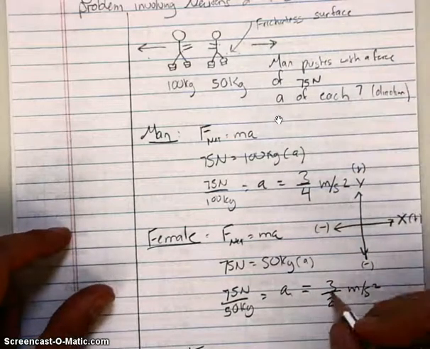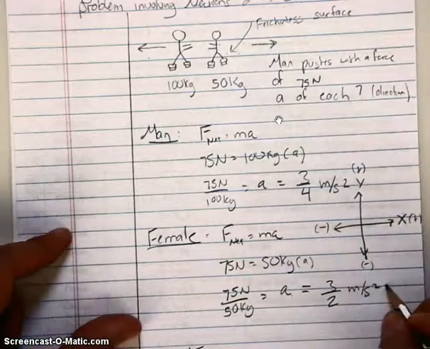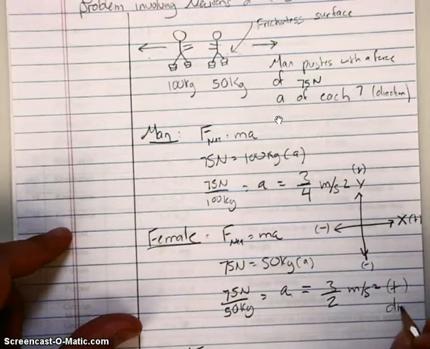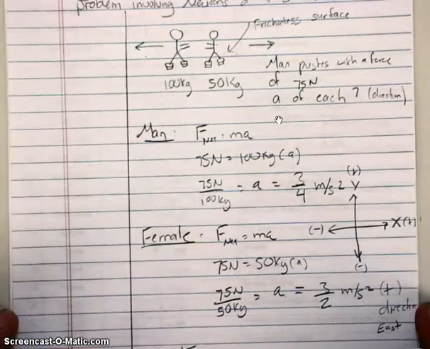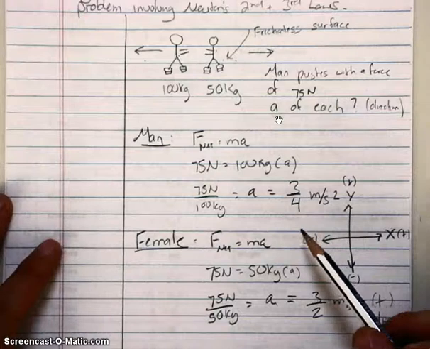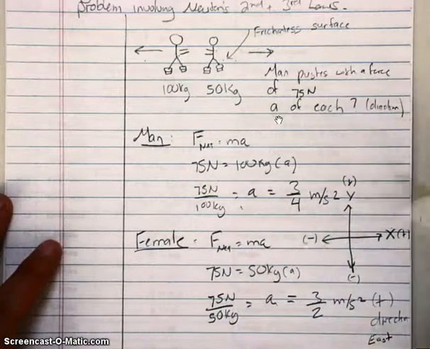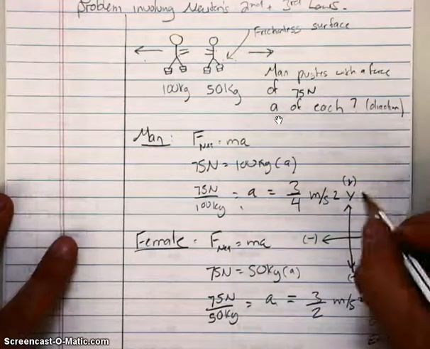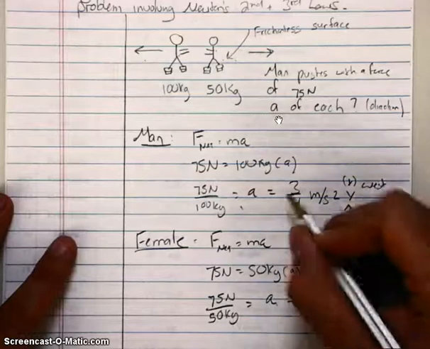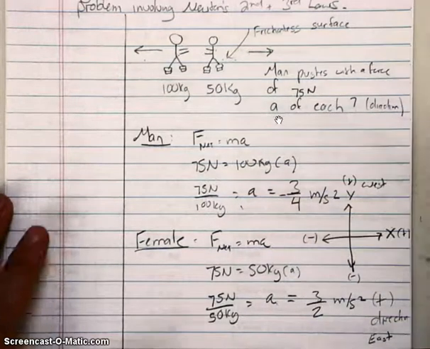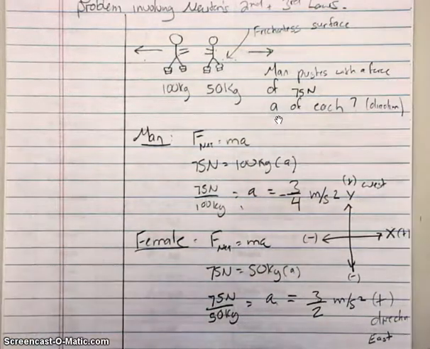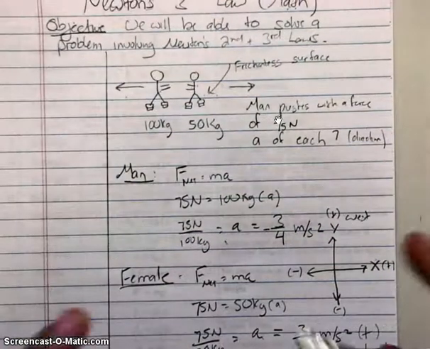So her acceleration is 3/2 meters per second squared in the positive direction, or east, if you want to use the cardinal system. And the man is moving to the left, so it would be 3/4 meter per second squared west, or negative, because he's moving in the opposite direction. Equal and opposite forces. Okay, so that's really it for Newton's third law, applying it to a math problem.